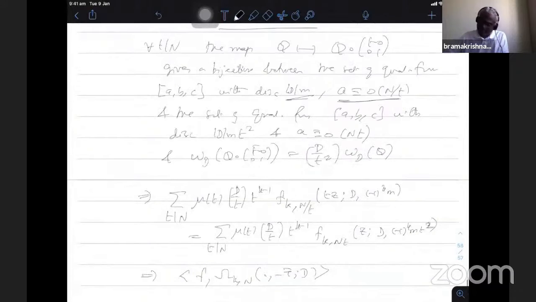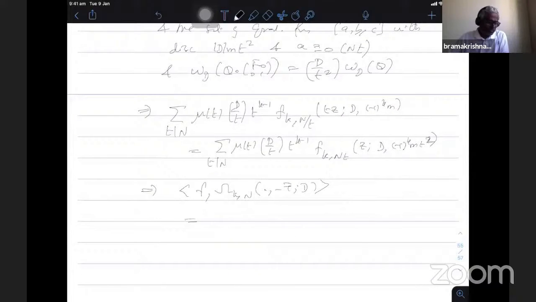This is exactly, if I use the definition of omega in the first one, in c_k d inverse, summation m minus 1 4 k m 0 or 1 mod 4, m power k minus half, summation t dividing n mu of t d by t, t power k minus 1, inner product of f comma f.